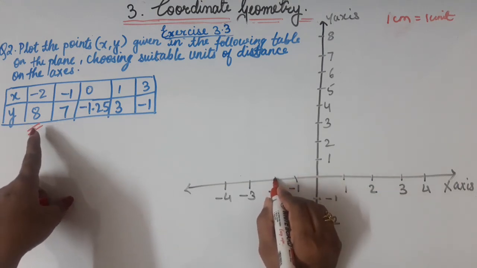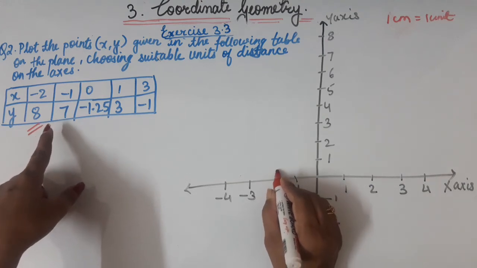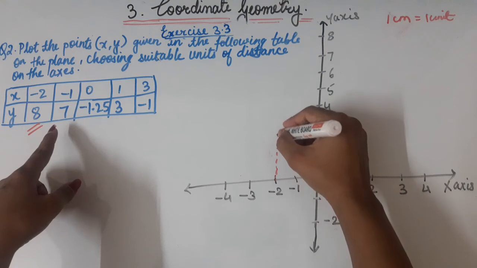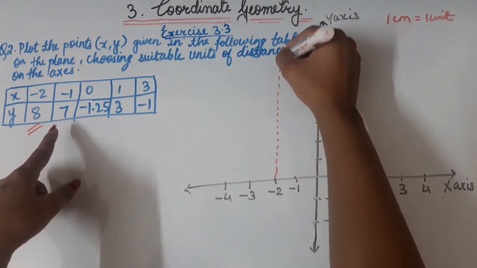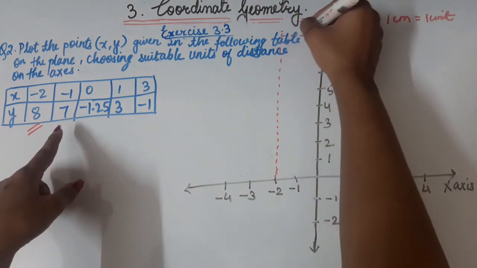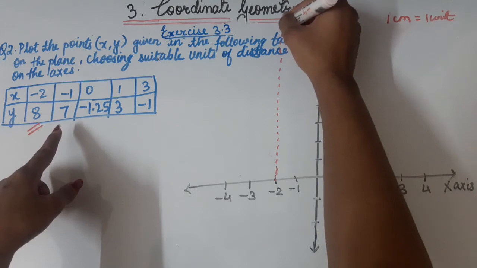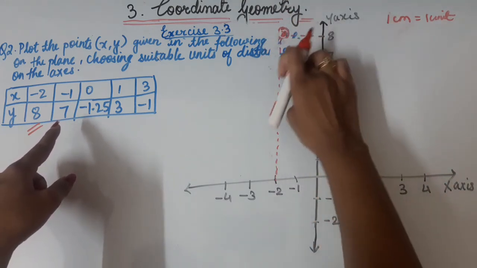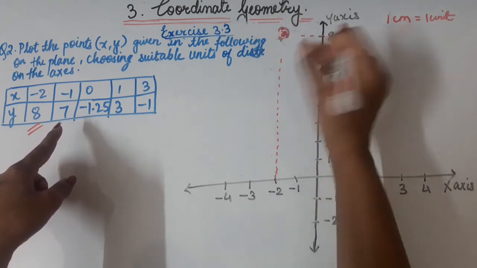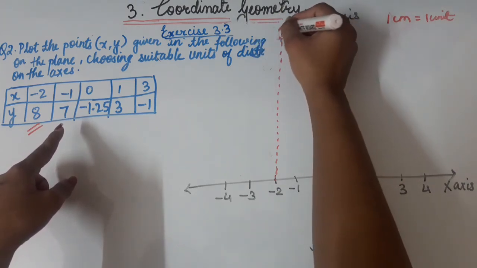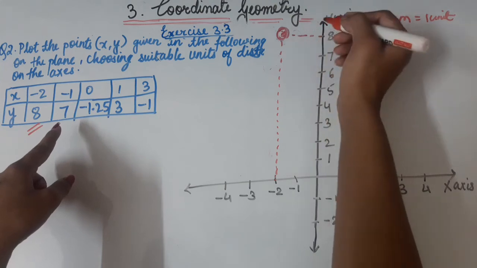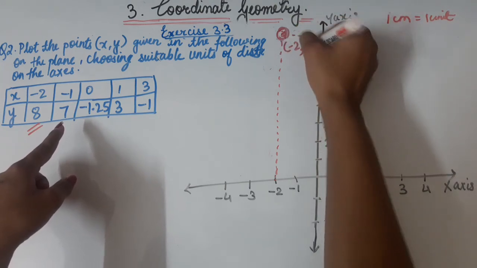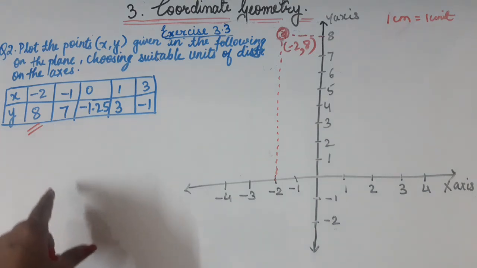Then the y coordinate is 8, so you will go straight up, measuring using the scale, and this is your 8, so this is your point. Now I am rubbing the question so that the point is visible clearly. So this is the point (-2, 8), the first point.